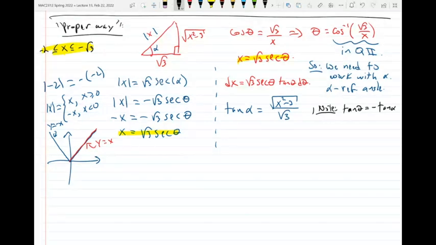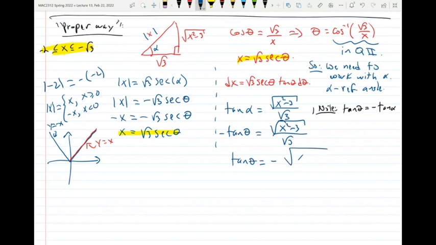Because theta is in quadrant 2. Okay? So now that means I can replace my tangent of alpha by negative tangent of theta. And that's where that negative came from, because then tangent of theta is just minus this guy. You see? That's really where that negative came from.